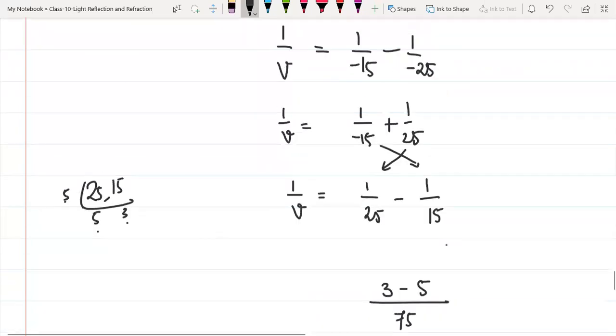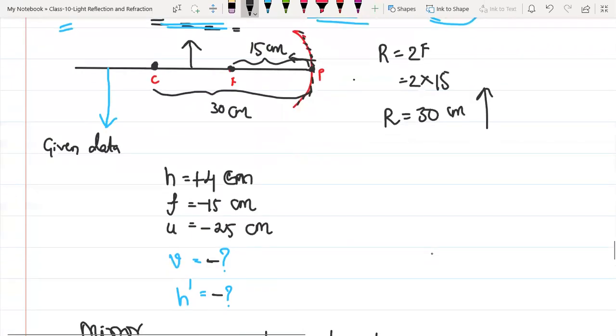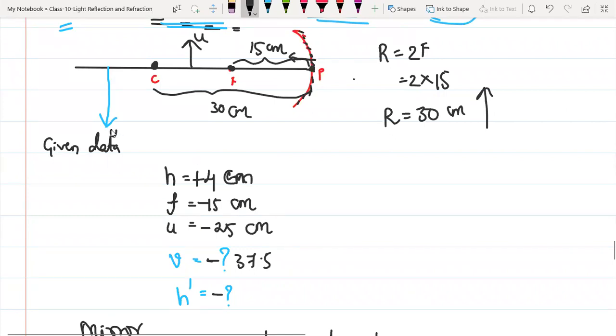Guys, you can see, I told you we'll get the V value in minus, right? Minus 37.5. You see, the object is placed here, the image is here, which will be beyond 30. So it will be 37.5.